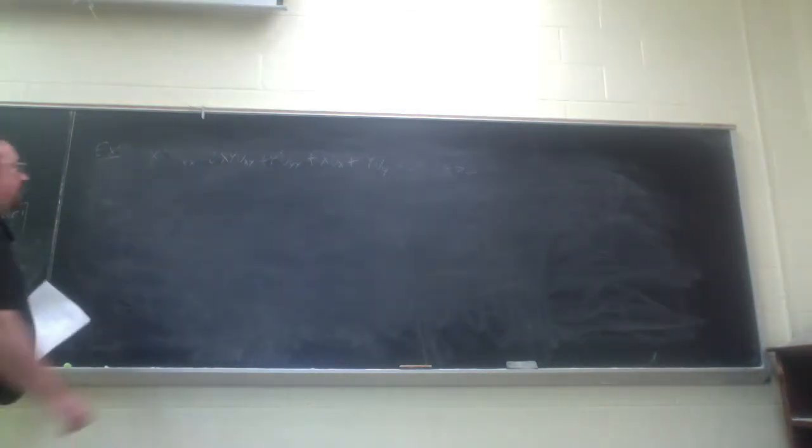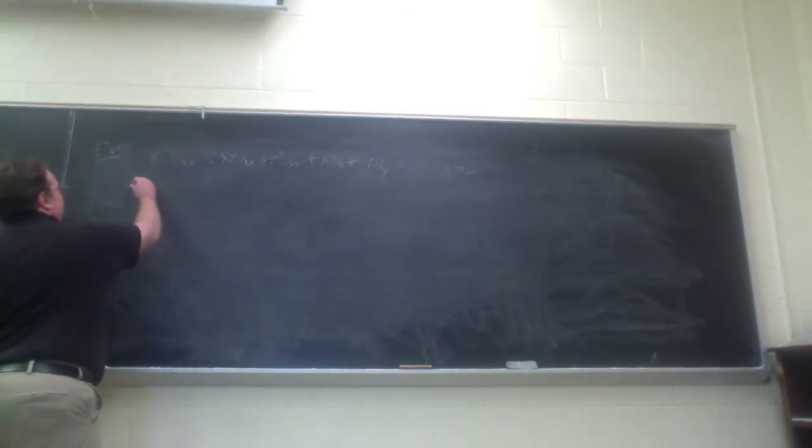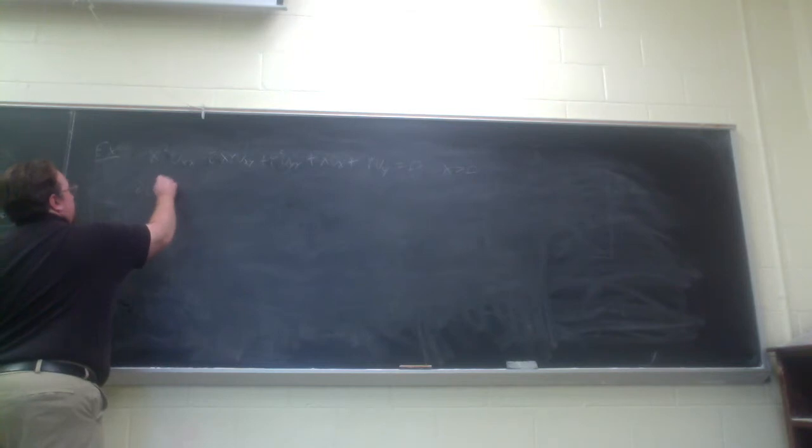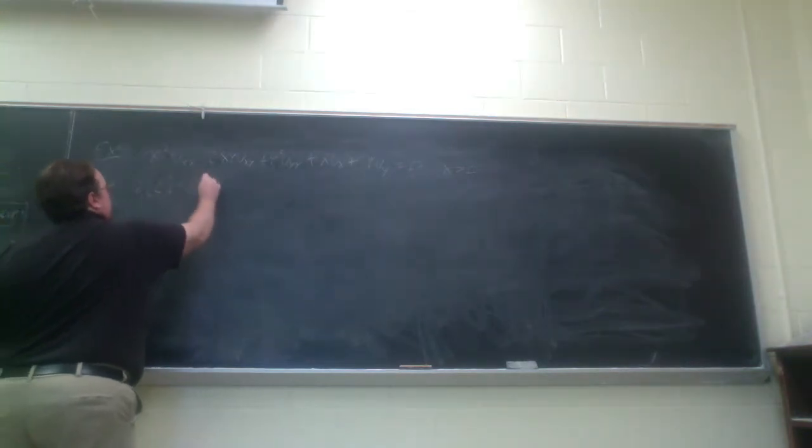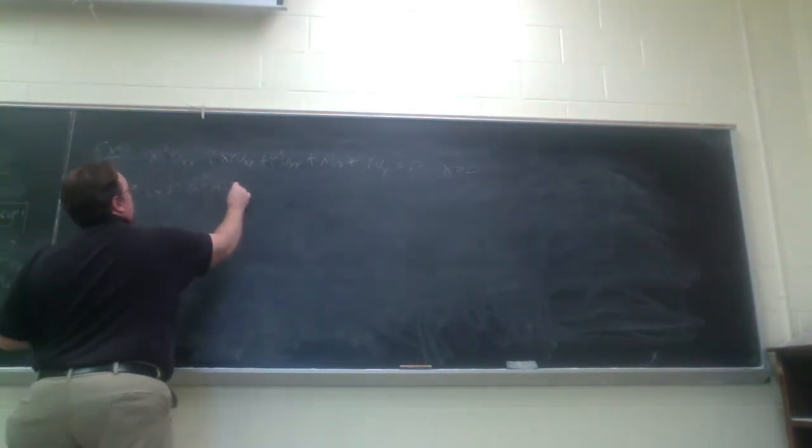You can have some PDEs like this one which could vary type throughout the domain. In fact, one of the homework problems has a PDE that's either parabolic, hyperbolic, or elliptic, depending on what part of the domain you're in. But at least this way, we only have one type. So our discriminant is b squared minus ac.